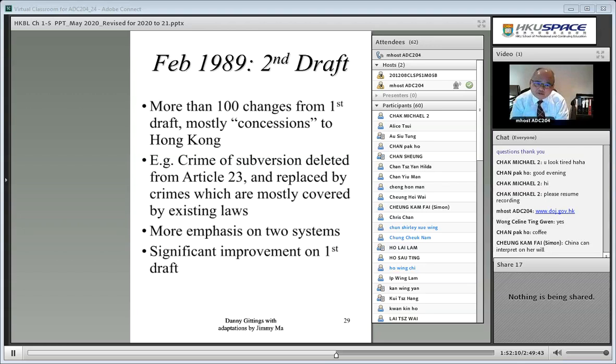And there was supposed to be more emphasis put on two systems in the second draft of the Basic Law, and according to this comment, significant improvement was made to the first draft.